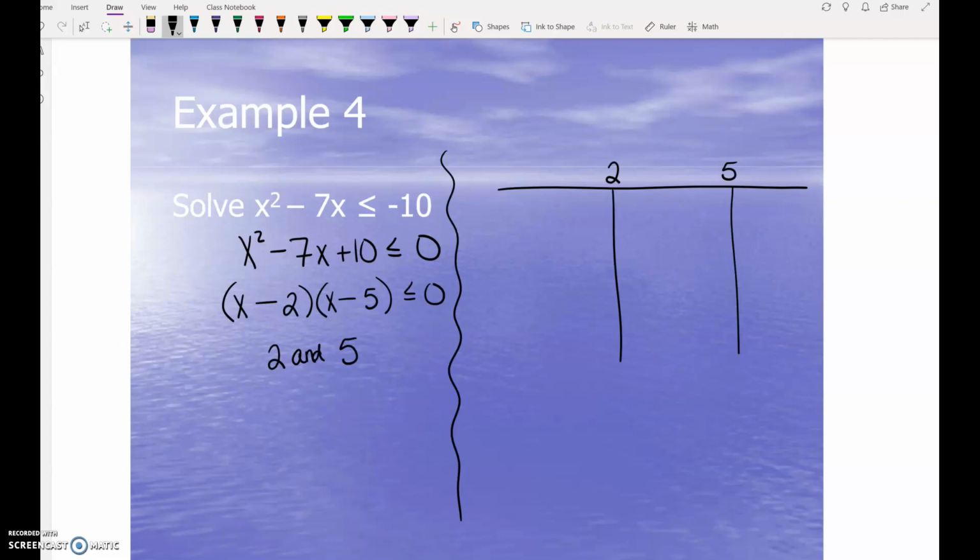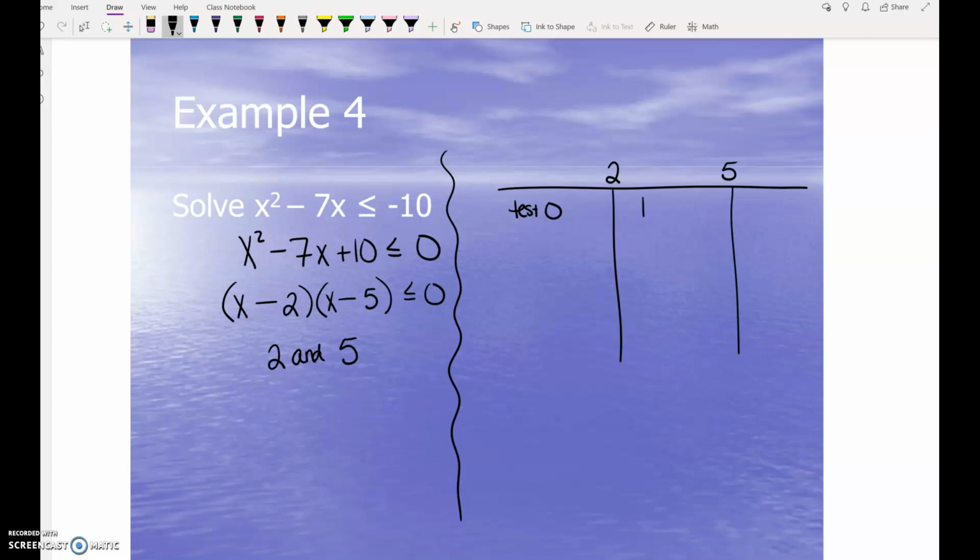Hopefully you paused the video to get to this point. You should end up with 2 and 5 as your critical numbers. Now, this time 0 isn't in between our critical numbers. 0 is actually over here. So I am going to test 0 in between 2 and 5. You can pick any number, 3 or 4.